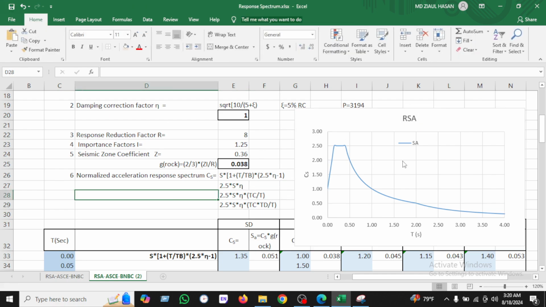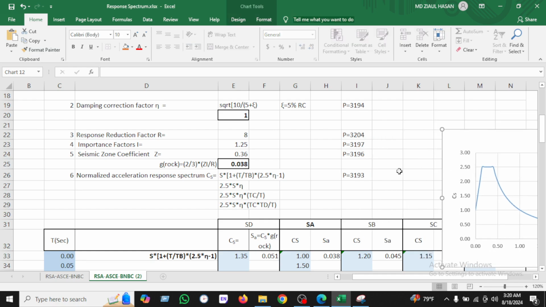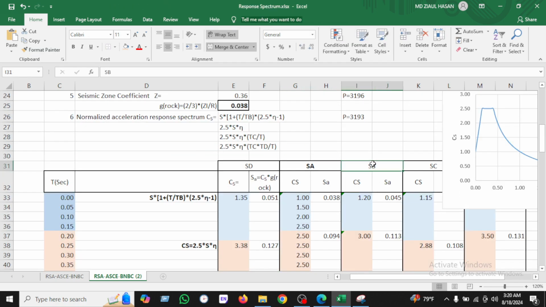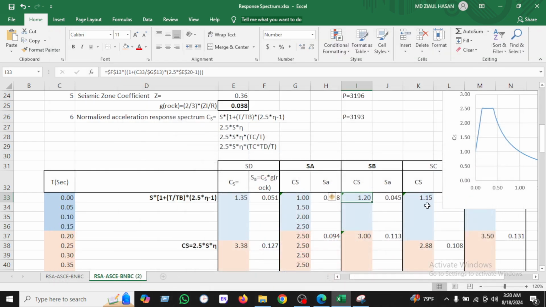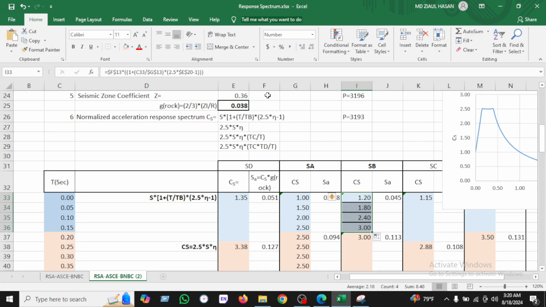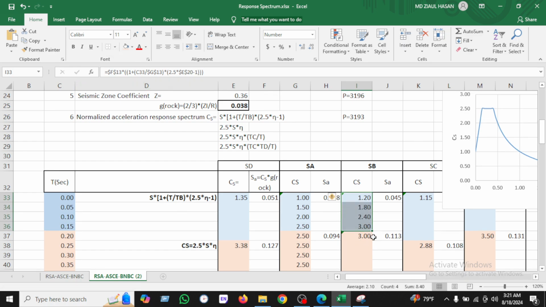Okay, in the same way I have put in all the values for SB. For SB we use formulas 1, 2, 3, 4 again. Again I am formatting this value, dragging, and finding CS.